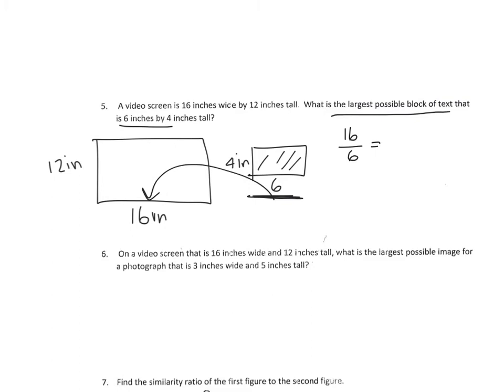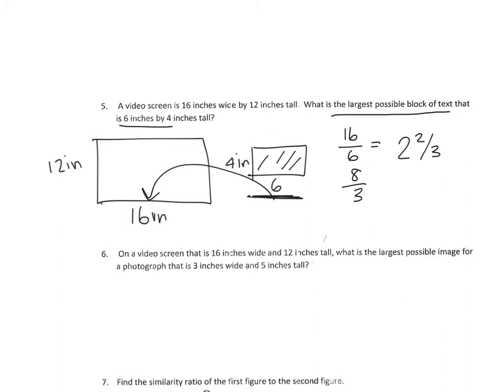So 16 divided by 6 is 2 2/3, or maybe I'll keep it as 8/3. So I can fit something that's 2 2/3 all the way across. 2 2/3 times 6 is going to fit in here to be 16.